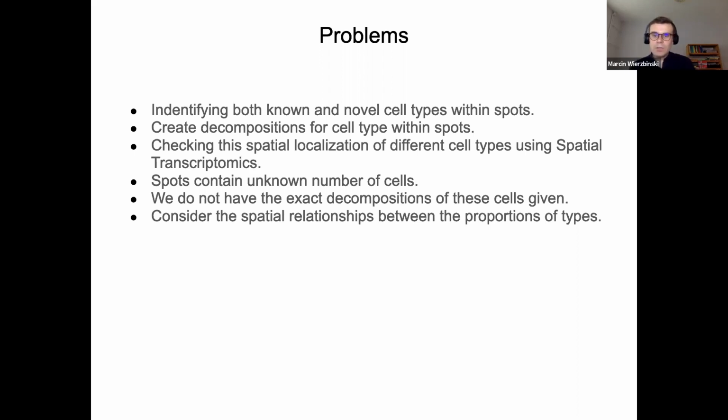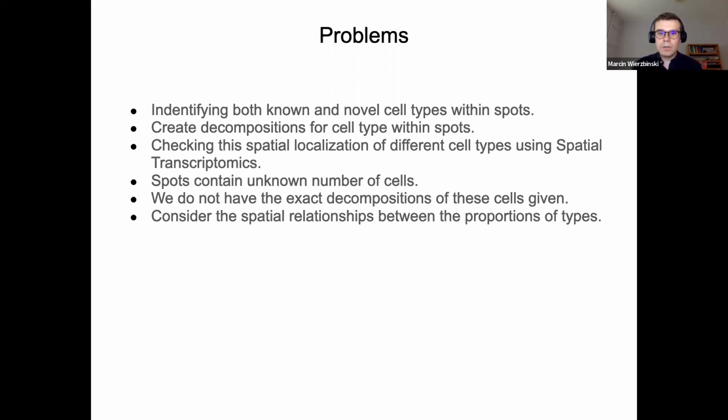The second is to identify the proportion of cell types within spots. Based on the knowledge from spatial transcriptomics, we can observe the spots. These are the places where we have a number of cells.